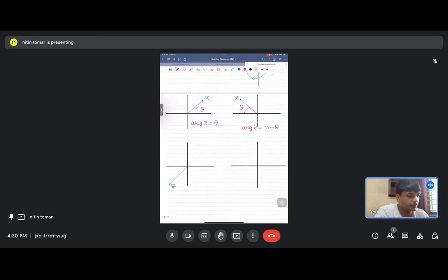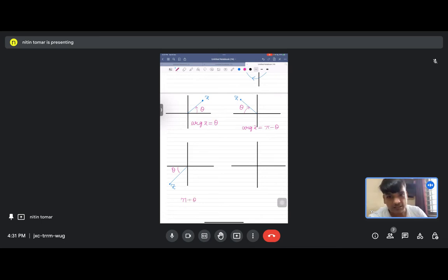Now tell me the angle for this, the third case. Pi plus theta. No, this is where you are wrong. 3 pi by 2 minus theta. See, okay, let us write all those answers. Pi, you said pi plus theta. I am assuming you are using this as theta, right? Yes, sir.